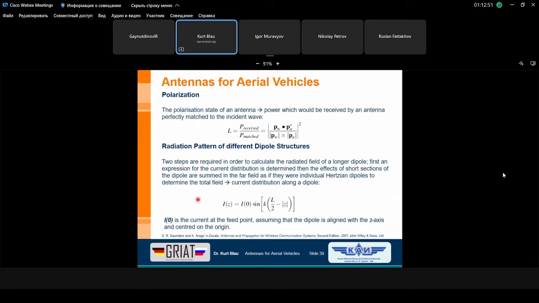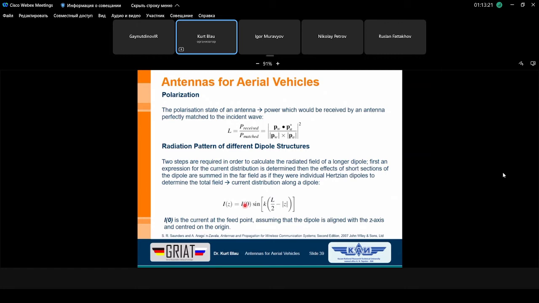In case of the Hertzian dipole, we assumed that the current distribution along the wire is constant, because the wire is very, very short against the wavelength. And now we can see here this current distribution along the z-axis, when our dipole is localized in our coordinate system along the z-axis.